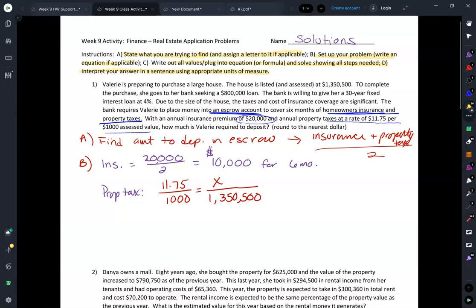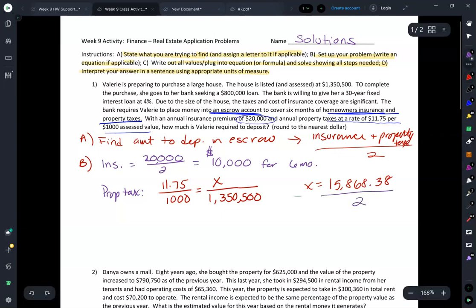I just cross multiplied, and when I did that, I got for X, I ended up with $15,868.38. I'll just round off there. But then I have to divide that in 2 to get it for the 6 months.